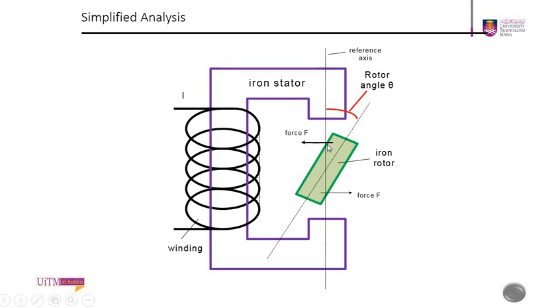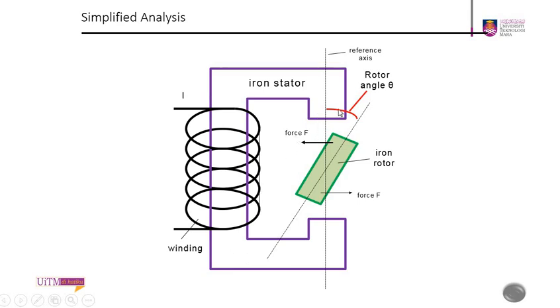The force will turn the rotor, and that gives the maximum and minimum values of MMF, and also the maximum and minimum values of the reluctance. The coil, the winding, will energize the iron stator, and the iron stator will create the magnetic circuit. The magnetic flux will flow in this direction, for example.